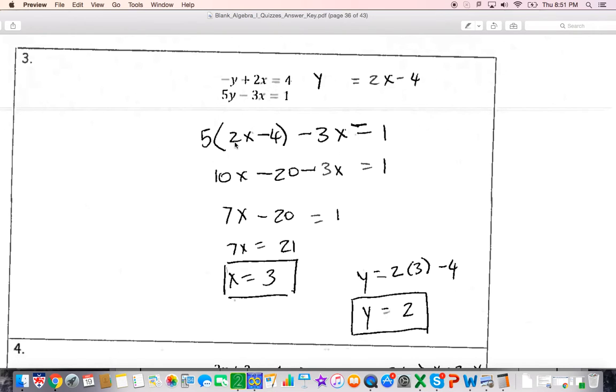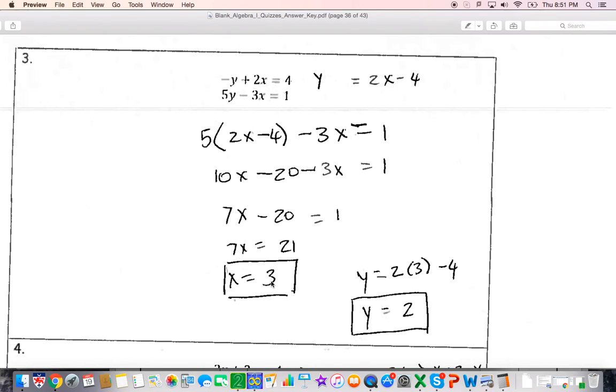All right, and then we can go ahead and do distributive property. We get 10x minus 20 minus 3x is 1. Join our like terms. 10x minus 3x gives us 7x. And simplify, we get x is equal to 3. From there, we use whichever equation, either of the given ones or the one we figured out.